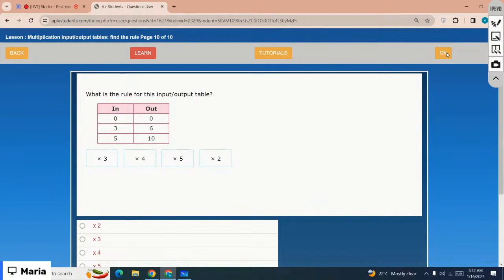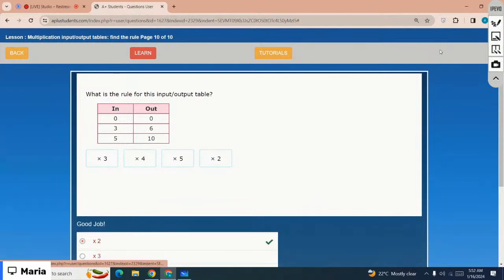The correct option is you have to multiply them by 2. Very good. The correct option is 2.